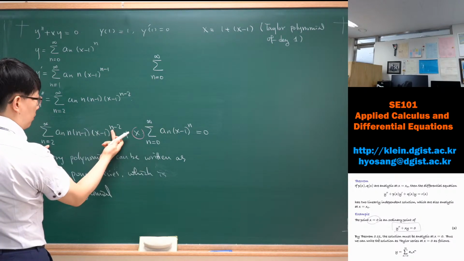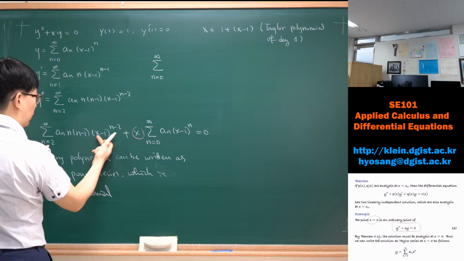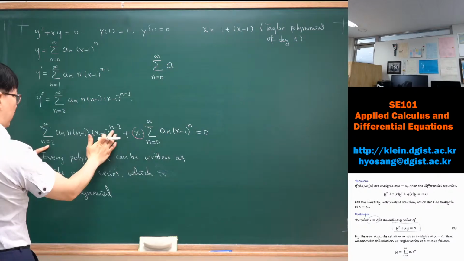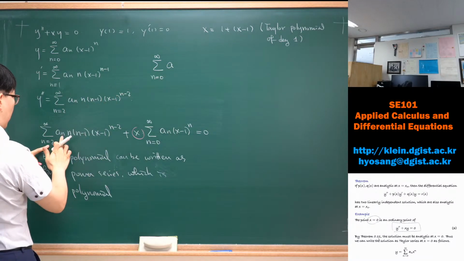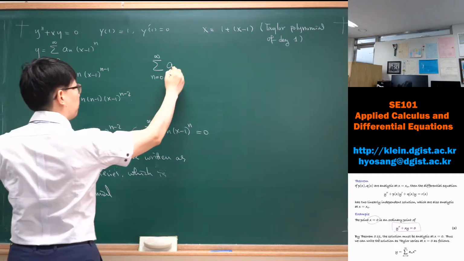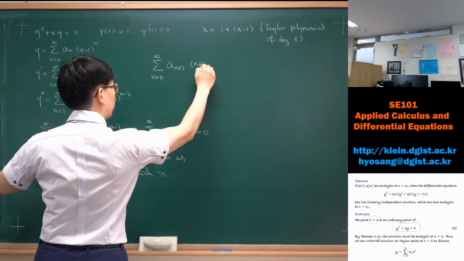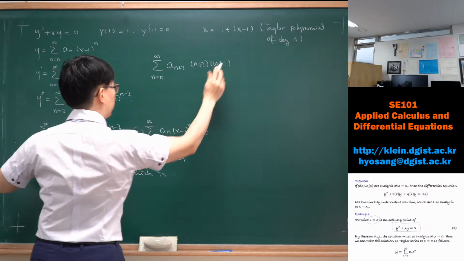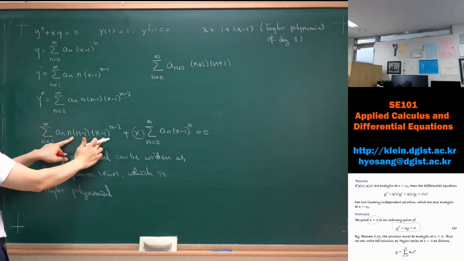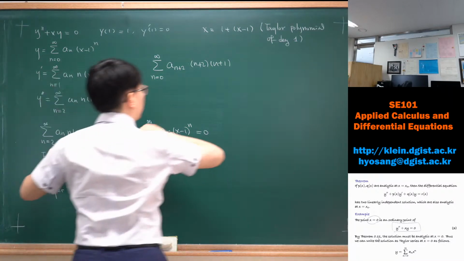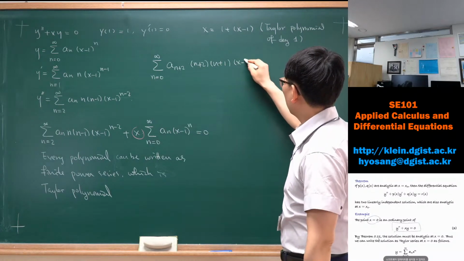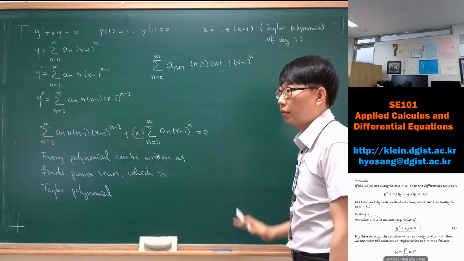So I'm replacing n minus 2 with n. Then n becomes n plus 2, n plus 2, n plus 1, okay? And then this one becomes x minus 1 to the power of n.